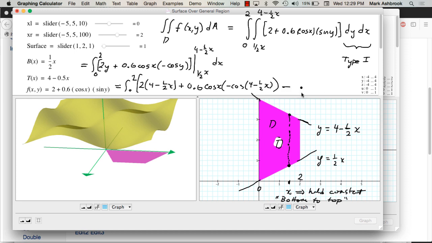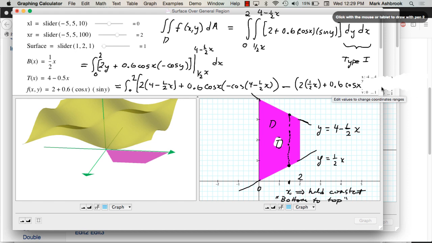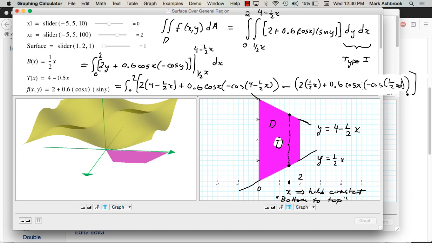Minus 2 times, this is slightly easier, 1/2 x plus 0.6, almost done, cosine x times negative cosine of 1/2 x. 1, 2, 3, 4, end parentheses.